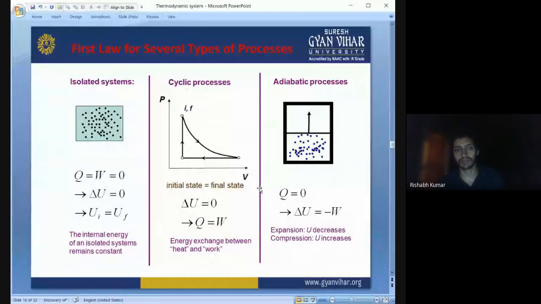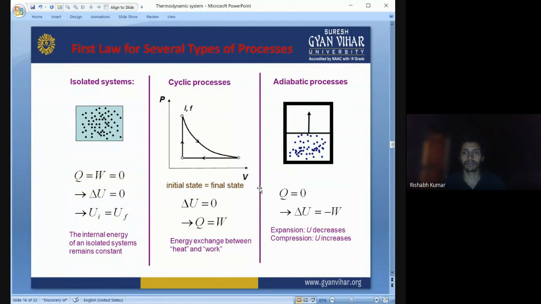So your internal energy change will also be equal to zero. So your initial internal energy is going to be the final internal energy, for the isolated system.